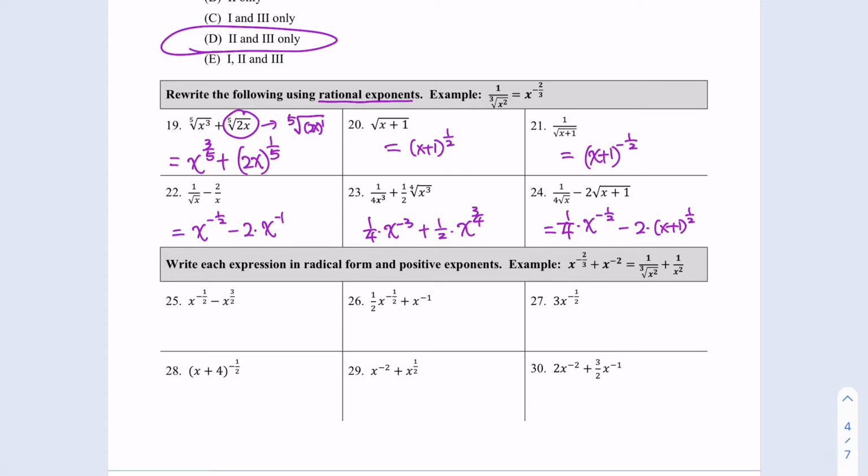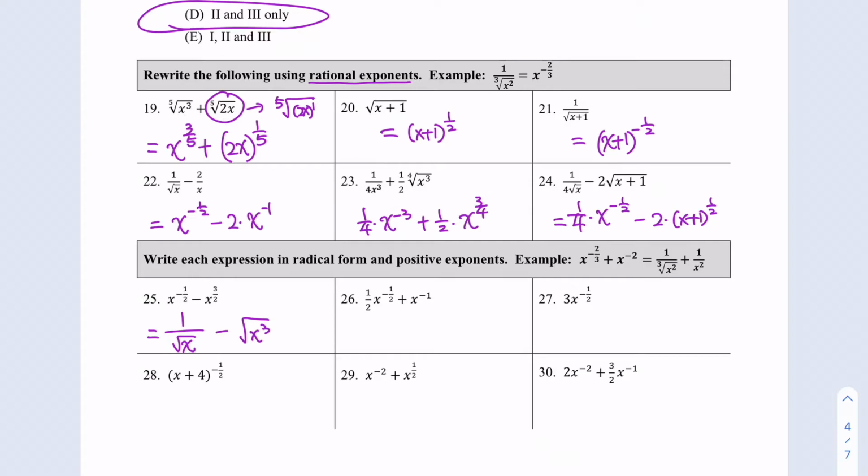In number 25 to number 30, you write the negative power as a fraction. So 1 over x to the 1/2, square root, x cubed, and the 2 you can ignore. Number 26, 1/2 negative power, we move to the denominator.